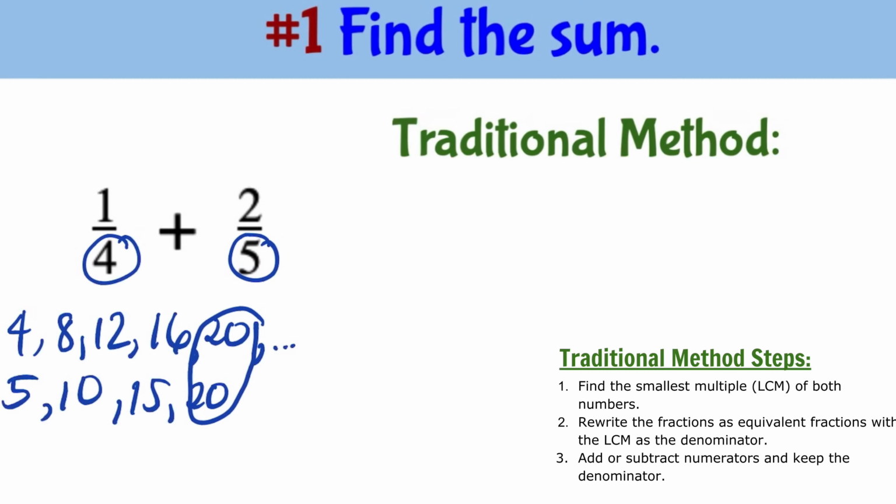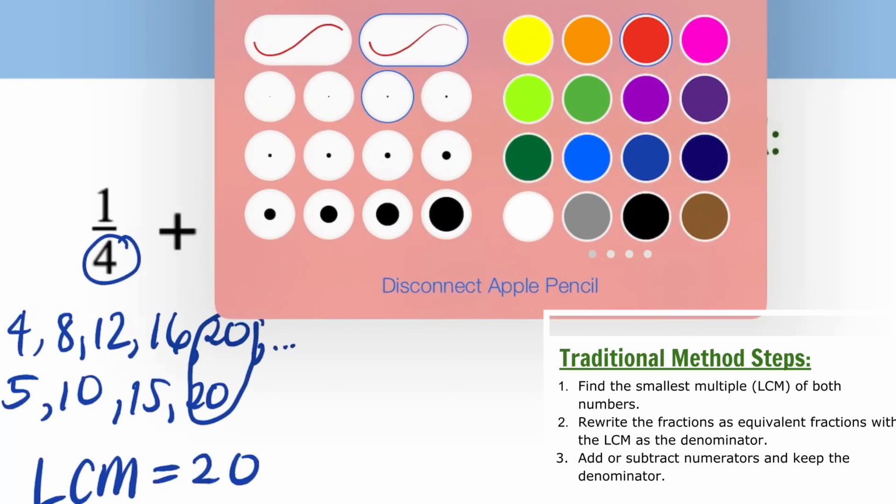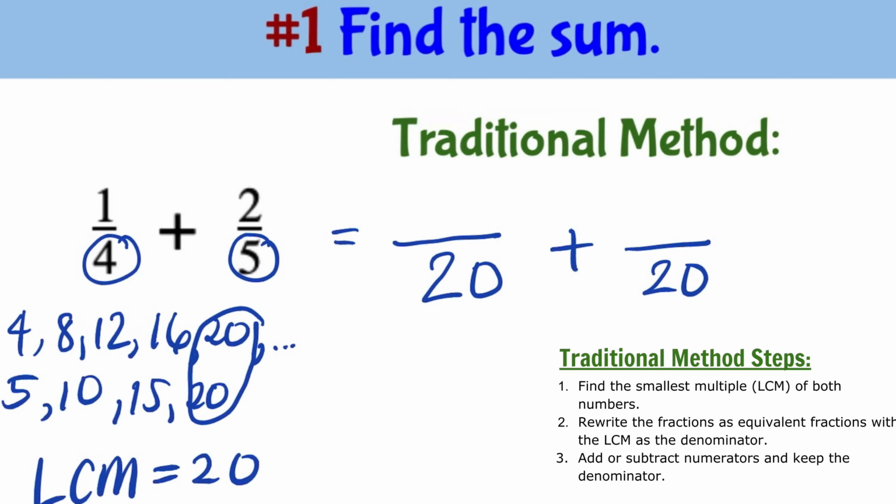So using the LCM 20, the next thing that we need to do is to rewrite the fractions with denominators 20. Which means that if the first fraction has a denominator of 4, to get 20, we need to multiply this by 5.